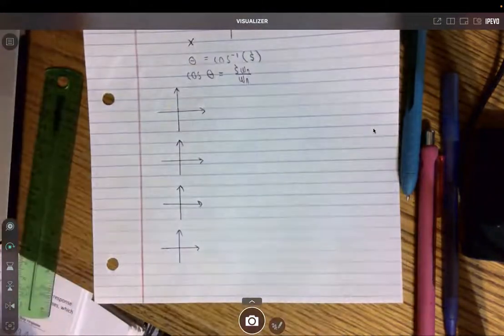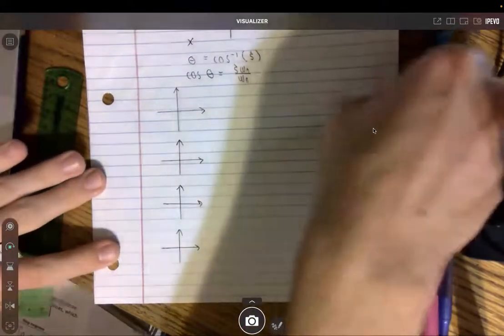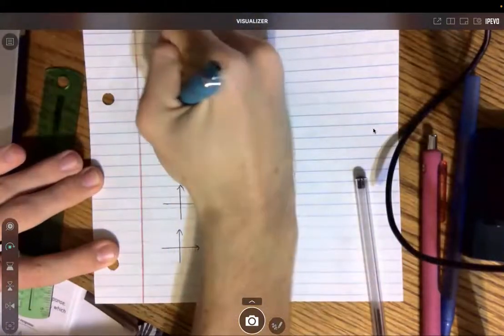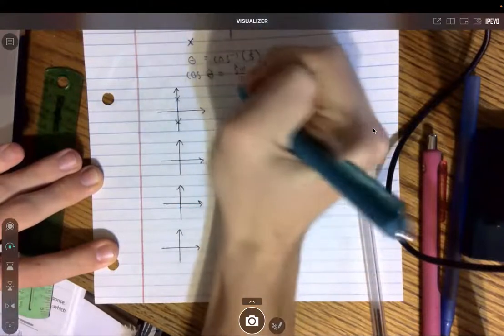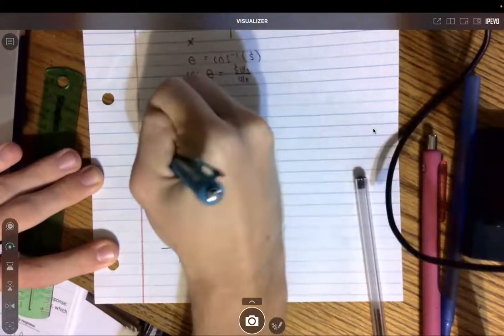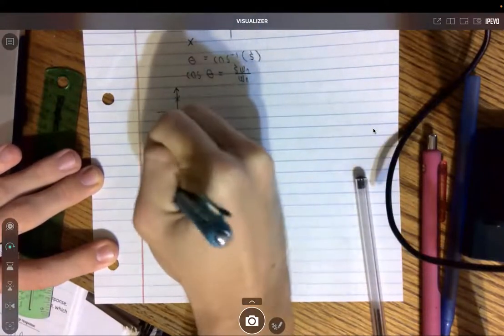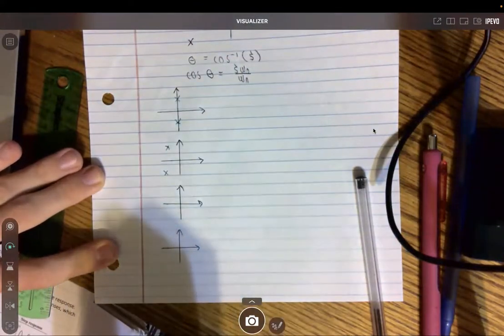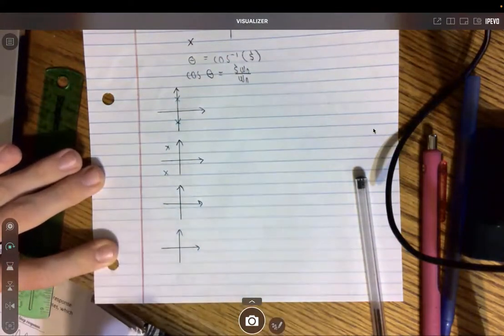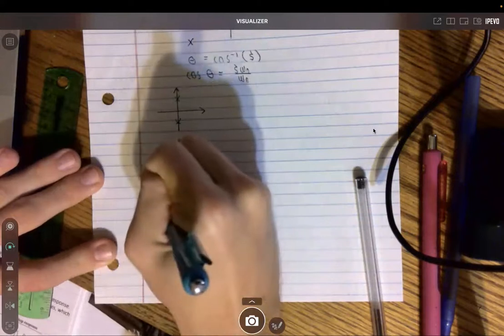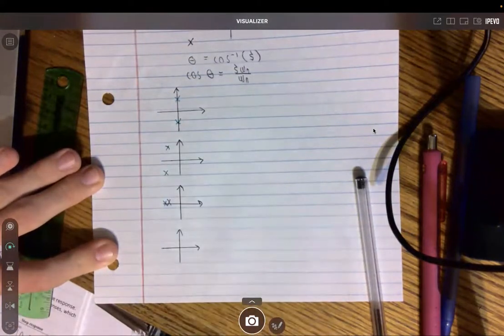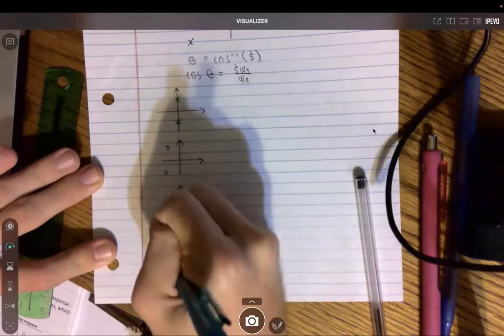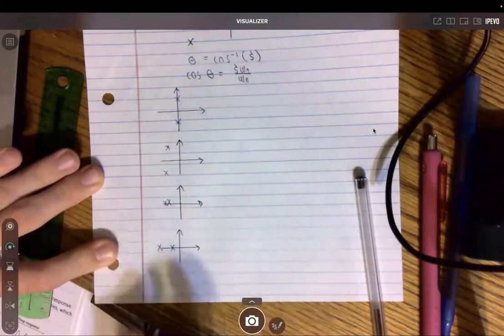For the first condition, our poles are going to be on the j omega axis. For the next condition, our poles are going to be a little bit to the left of the j omega axis. For the next one, we're going to have our poles repeated. And for the next one, our poles are distinct from each other.